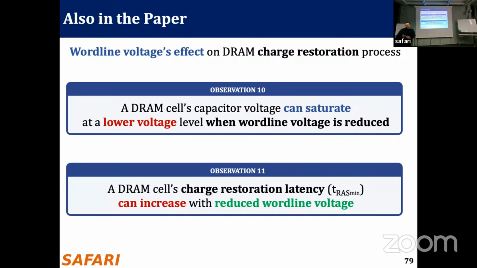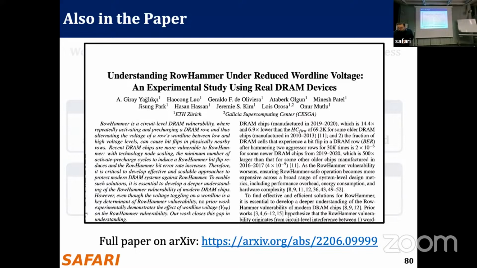And this can cause some reduction in data retention time as well. We also observe that the charge restoration latency can increase in those cases, even if saturation is not happening at a lower place, because the channel is weaker and it conducts less, so it takes a longer time.